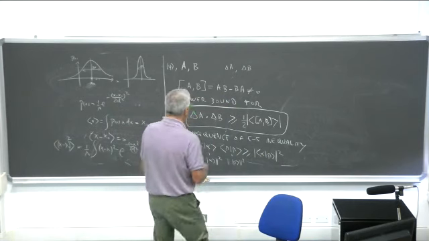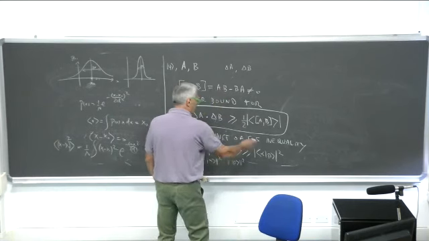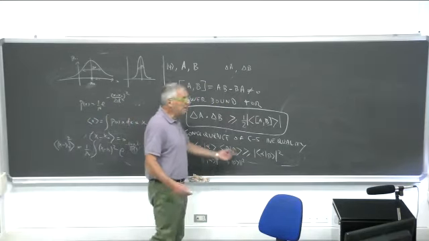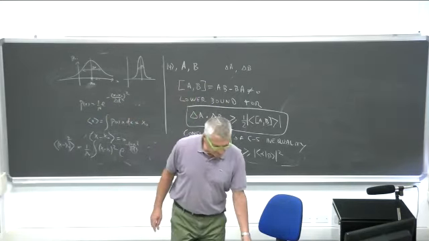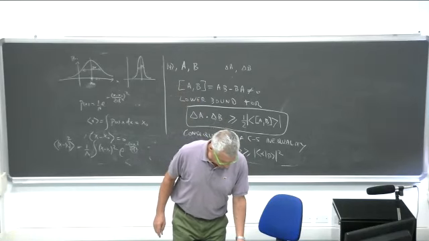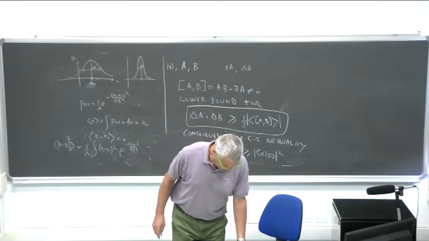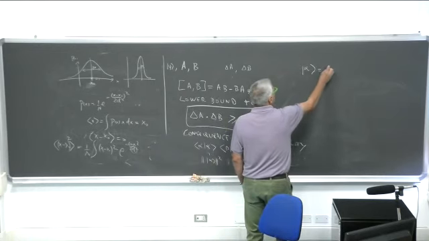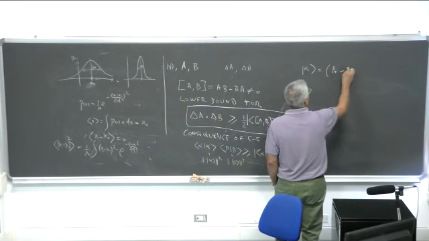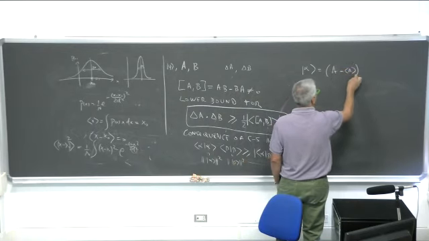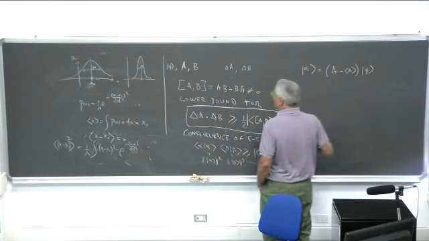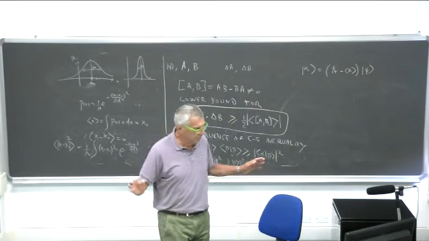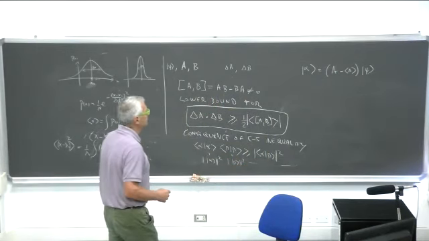Now, this comes from applying this inequality to a particular choice. You have to choose some convenient alpha and beta, okay? And the convenient alpha and beta is very simple. Remember we are always in a given state psi, that is fixed.